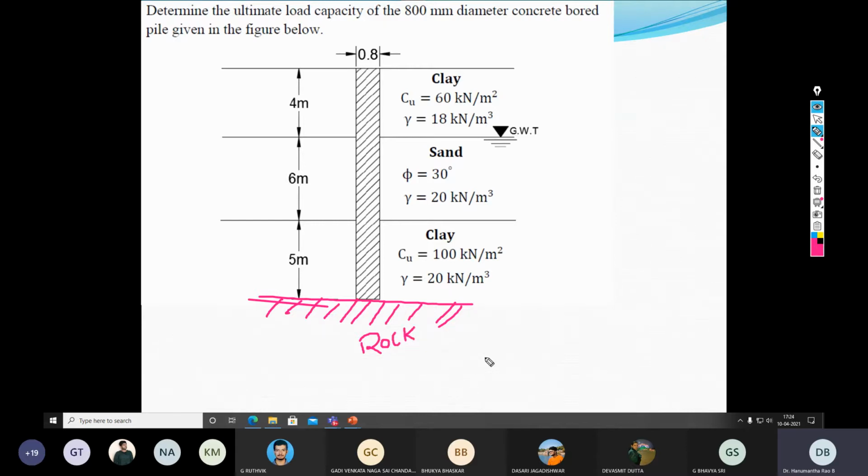Then what is the difference between the previous case and this case? Now I have assumed another hypothetical condition where the pile tip is resting directly on the rock. What is the difference between the previous case and this case?